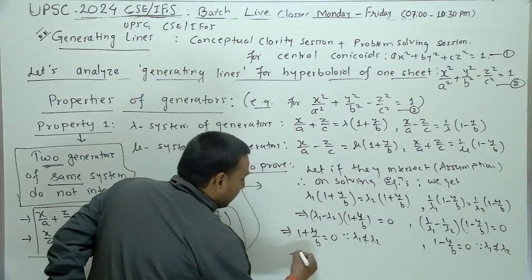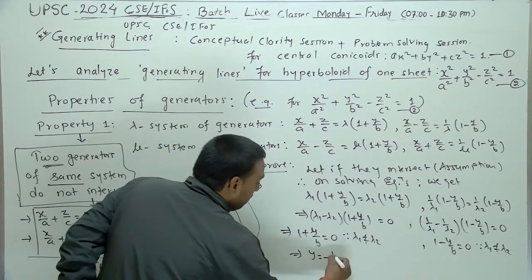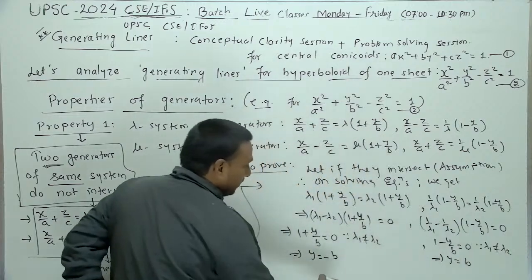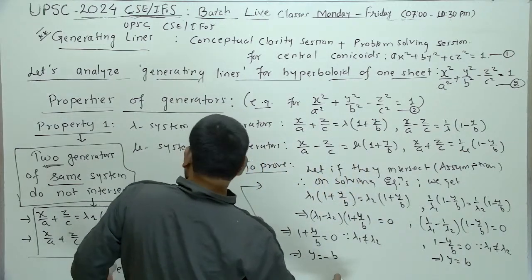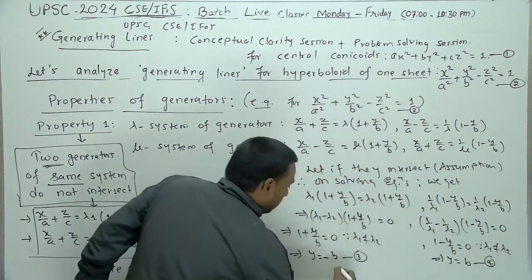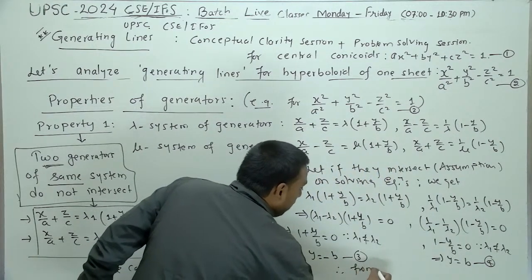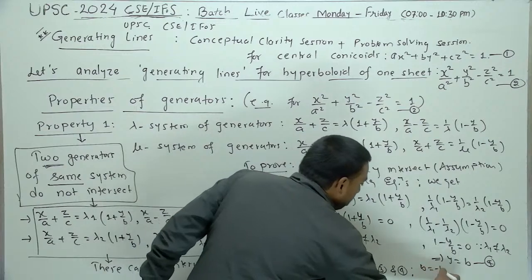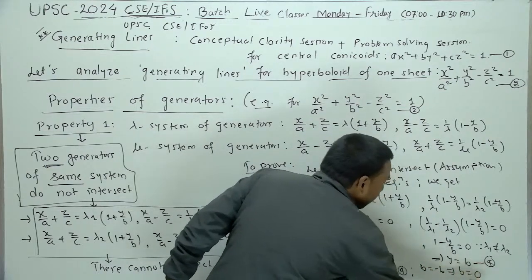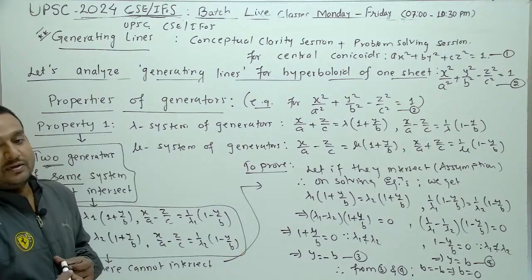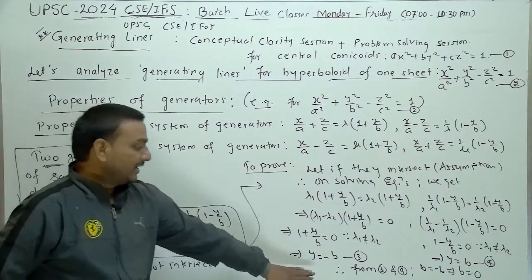So this implies y equals minus b, and this implies y equals b. So if I call these equations 3 and 4, from 3 and 4 we have b equals minus b, that implies b equals 0. Is it visible till here?